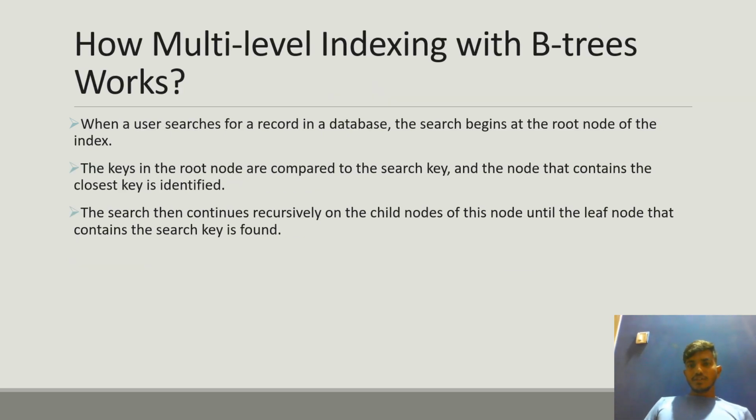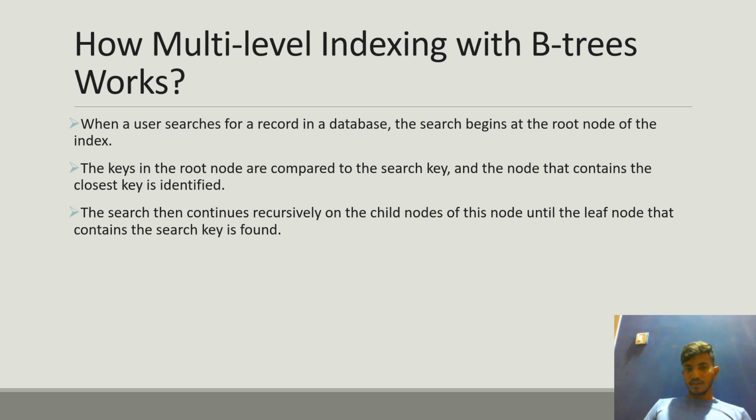How multi-level indexing with B tree works. When a user searches for a record in a database, the search begins at the root node of the index. The keys in the root node are compared to the search key, and the node that contains the closest key is identified.